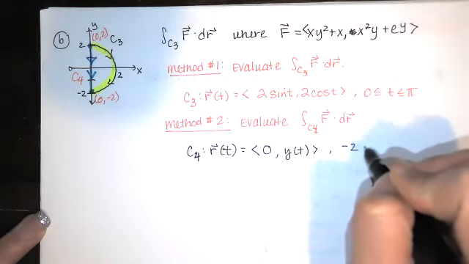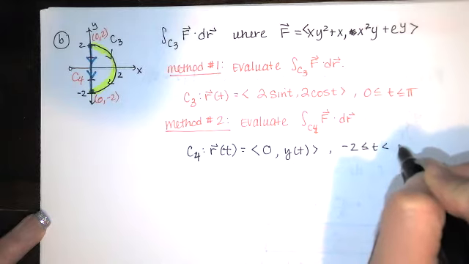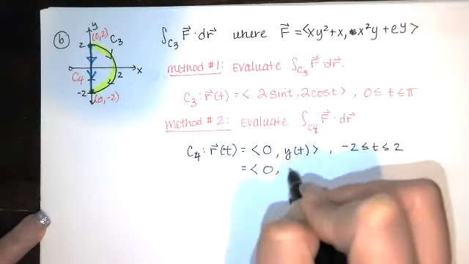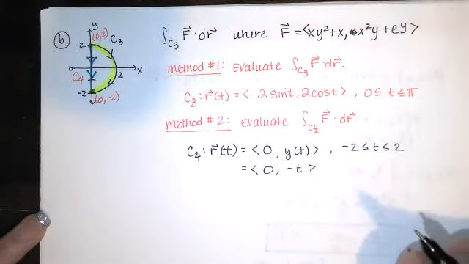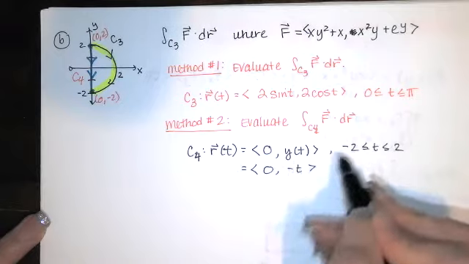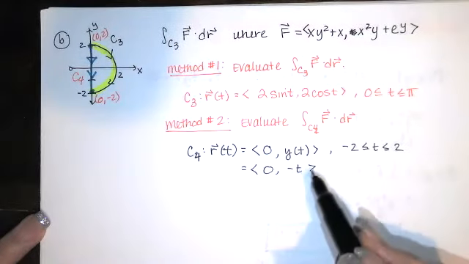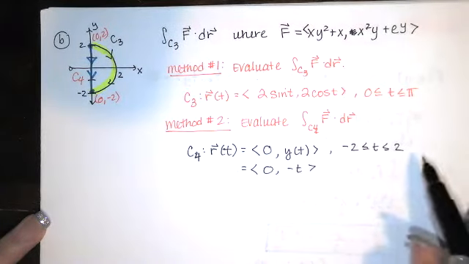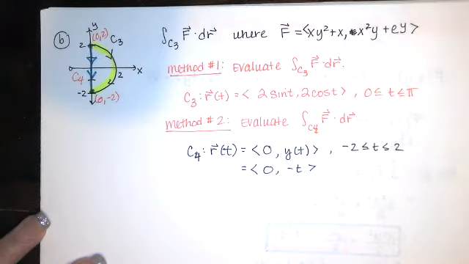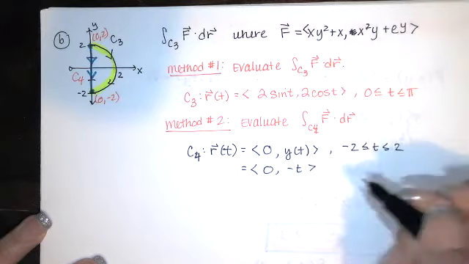So maybe I want to let t go from -2 to 2. And let y equal -t. Because if y is -t, when t is -2, we'd end up at 2. And if y is -t, when t equals 2, we end up down here. So that's an option. That could work.